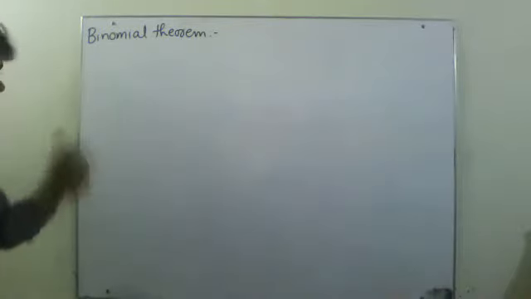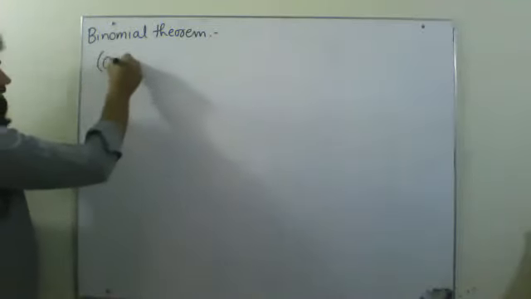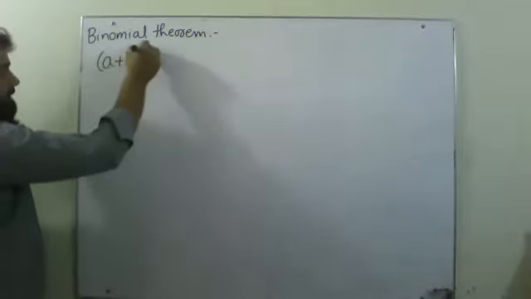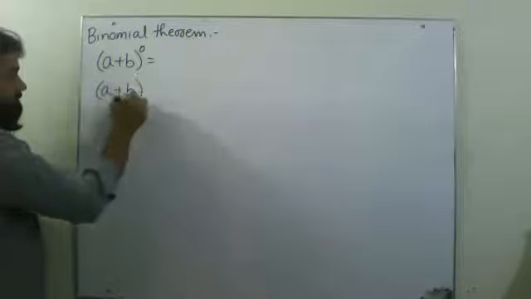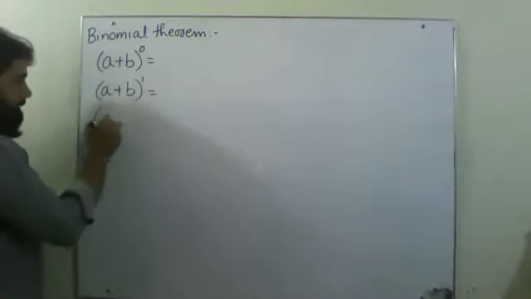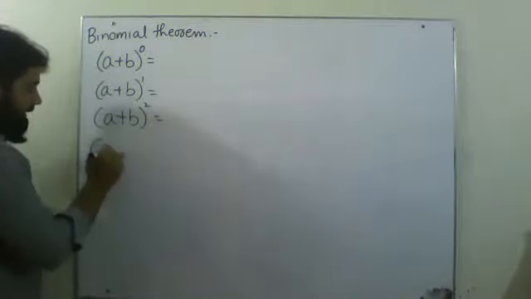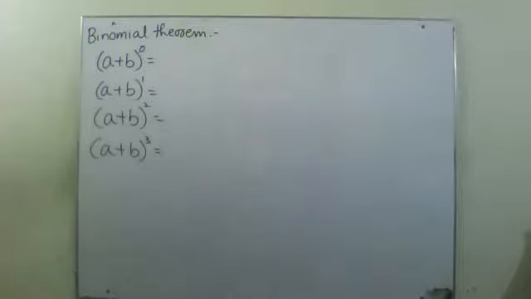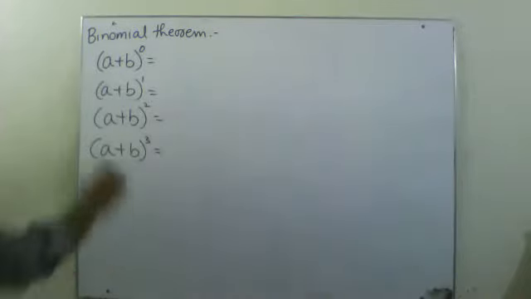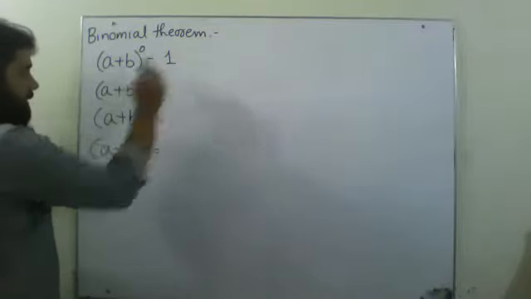Okay. So first of all, for instance, you have a plus b whole power 0, a plus b whole power 1, a plus b whole power 2, a plus b whole power 3. When I expand these, a plus b whole power 0 will be equal to 1.